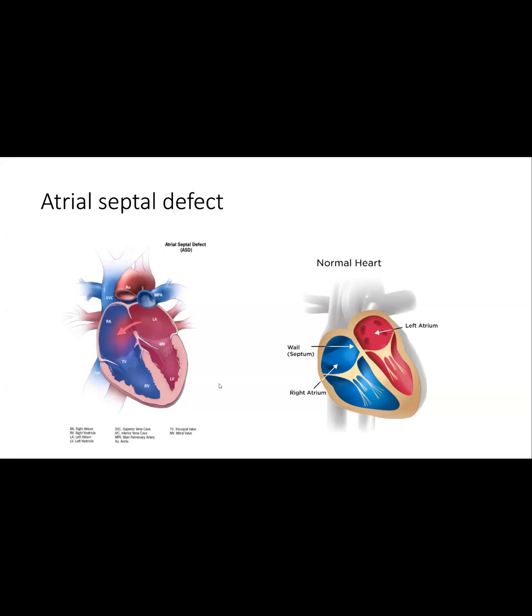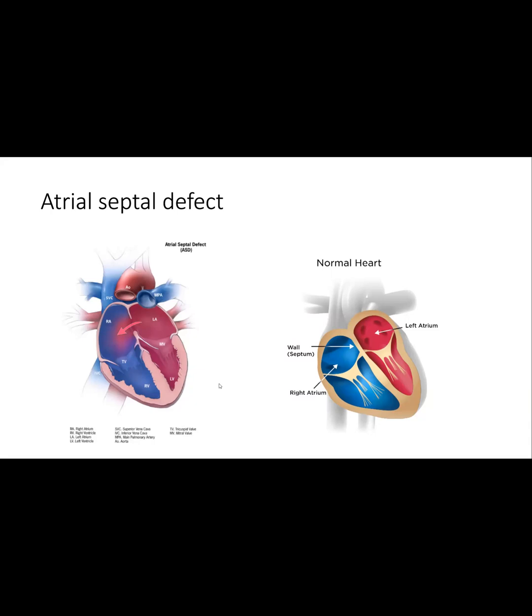Now, there's high pressure in the left side of the heart compared to the right, and again, as we talked about in the ventricular septal defect, this pressure difference causes the blood to be shunted from the left to the right side. So as you can see, the blood is moving from left to right, and this means that more oxygenated blood gets over to the right side, which is usually a deoxygenated blood system.